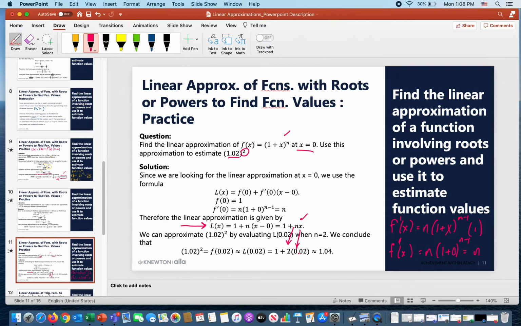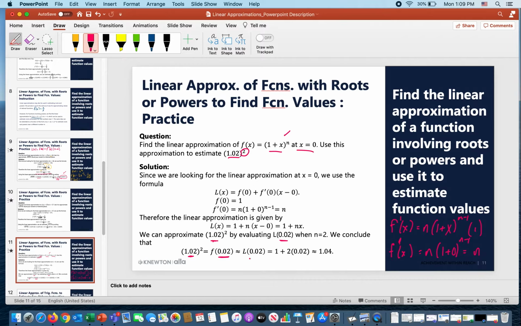So let's talk about where the 0.02 comes from. We've got to have this 1 plus x, right? So I'm looking to figure out what is that. I'm looking right here, and I'm going to figure out what is this 1.02. So I've got 1 plus 2 times 0.02. Now, here's the thing. 1.02 comes from evaluating the function at 0.02.